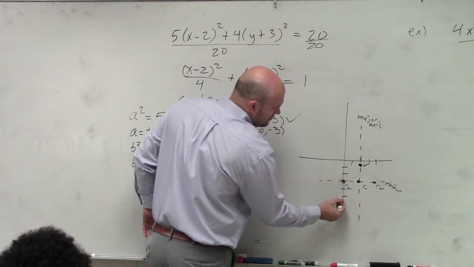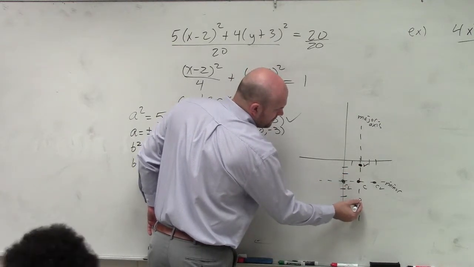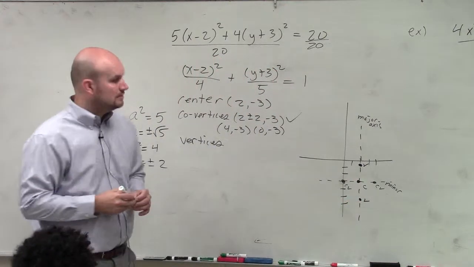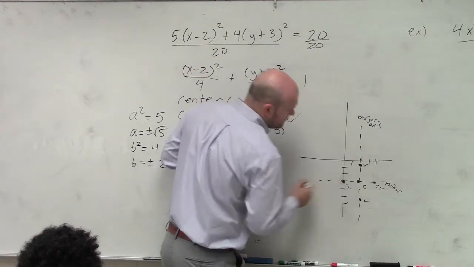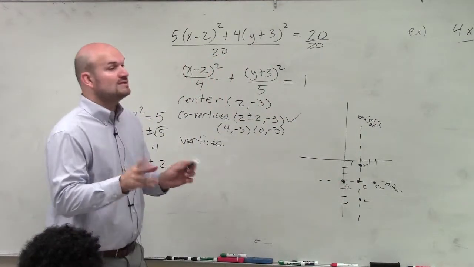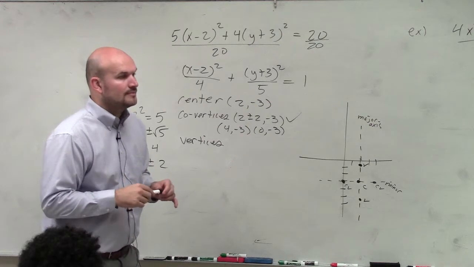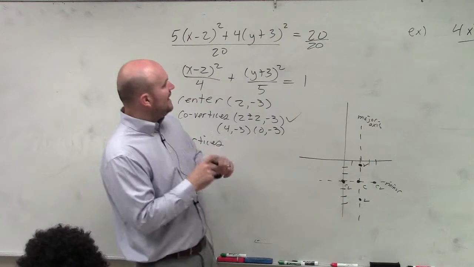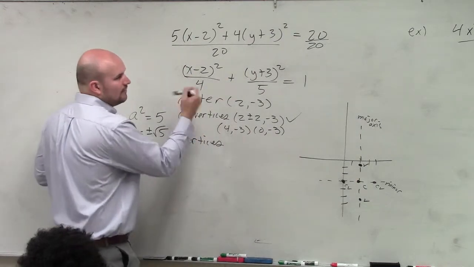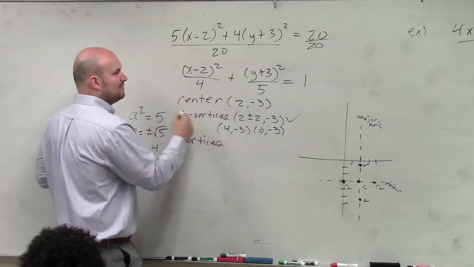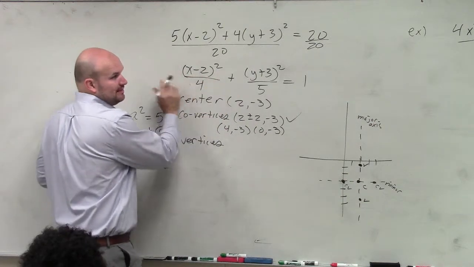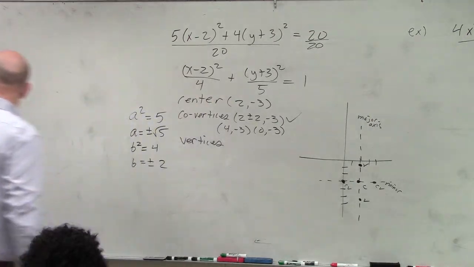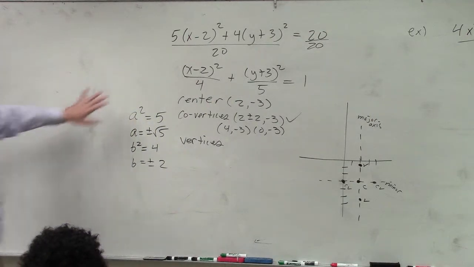Yes? Did you say that this graph is horizontal or vertical? Vertical. But last class you said, if A is larger than B, then the major axis will be horizontal. No. I'm not sure what I said or how it was interpreted, but A is always larger than B. If you look at your formulas, you have A squared and B squared as your denominators.